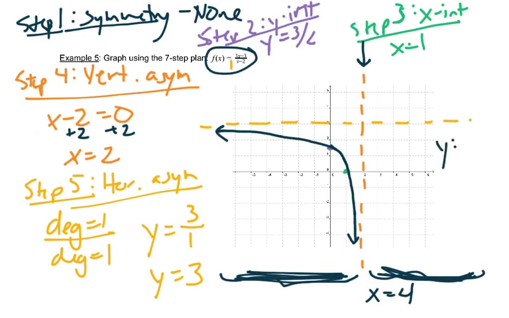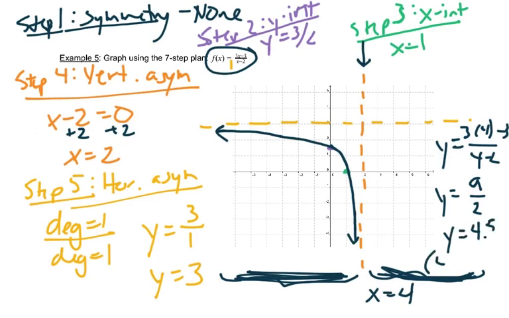So I'd have y is equal to 3 times 4 minus 3 over 4 minus 2. So it would be 12 minus 3 is 9 over 2, and that gives me 4.5. This is a point. X was 4, y is 4.5. So I'd plot that, and I get a point right there.